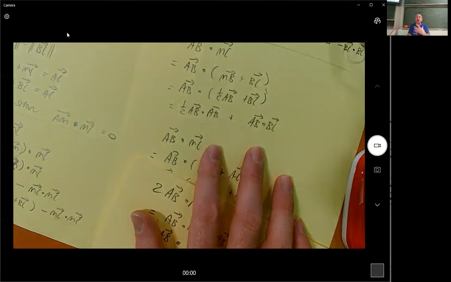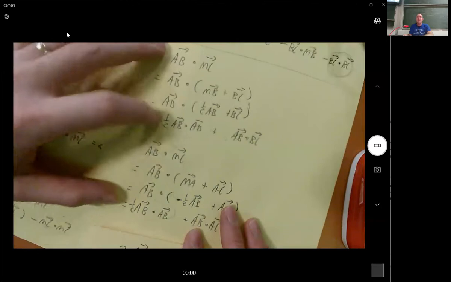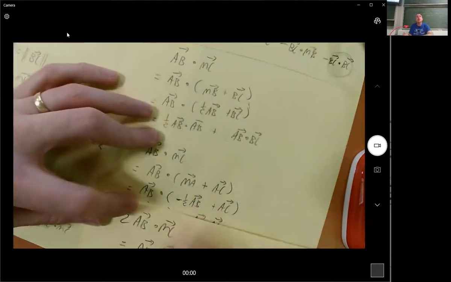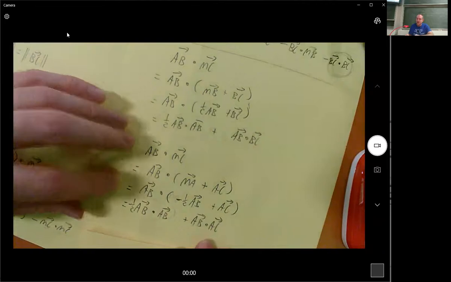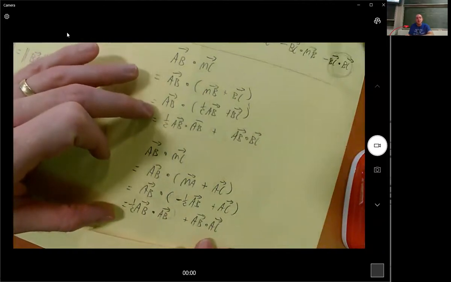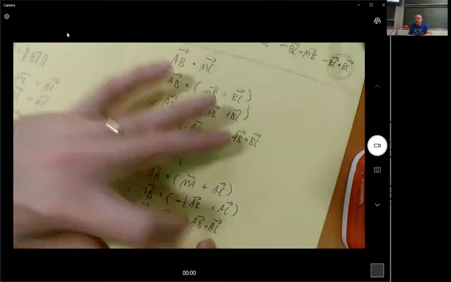I'm just staring at it, thinking about what I might try instead. That move of doing it 2 ways and adding them is one of the things, because if you know that 2 of it is 0, then it has to be 0. And that's why I was hoping I saw, oh, one of them's minus and the other one's plus. That's so cool. They would cancel out, but that would require these to cancel out too.